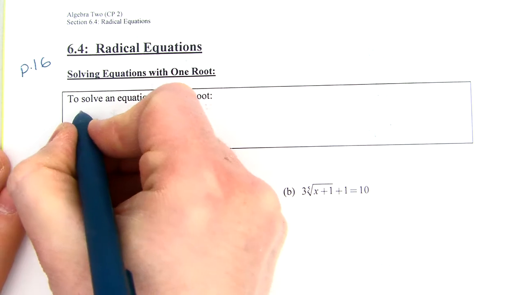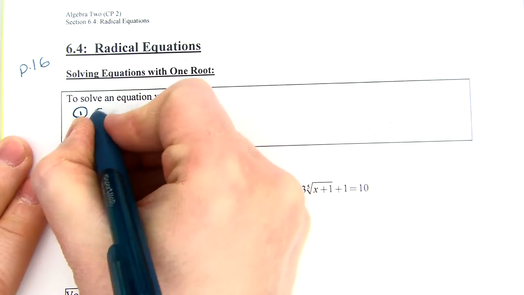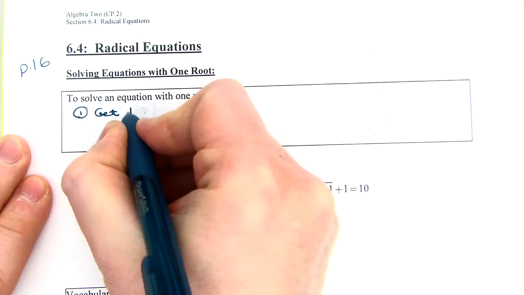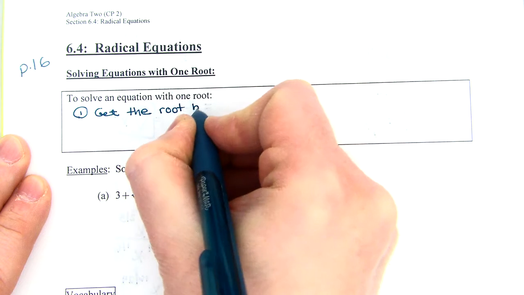Well, to solve an equation with one root, our first step is going to be to use some algebra to get the root by itself. Get rid of everything else. Step number 1 is going to be get the root by itself.